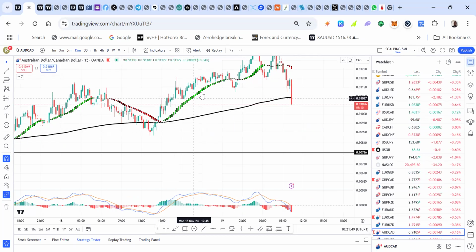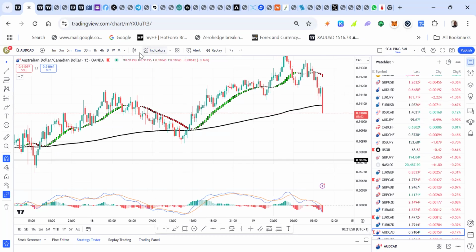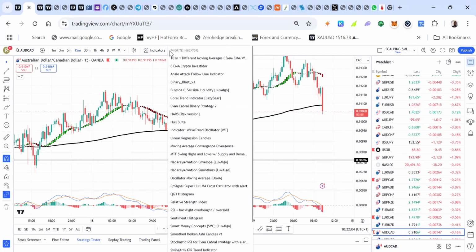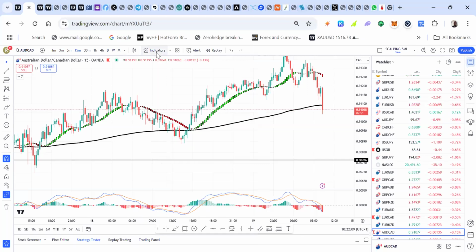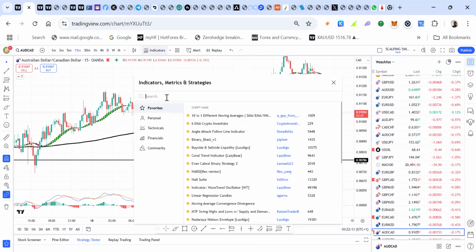So the first indicator will be smoothed Heikin Ashi. Follow me. How do you now add smoothed Heikin Ashi to the charts? You come to this indicator. I believe you are seeing my cursor. Come to indicator and you search for smoothed Heikin Ashi.